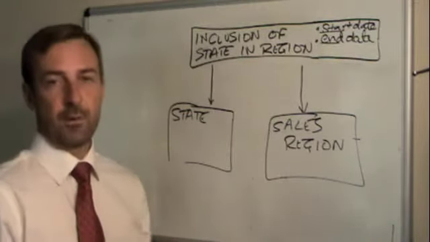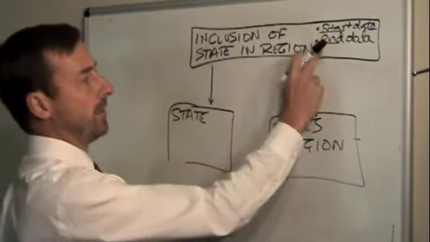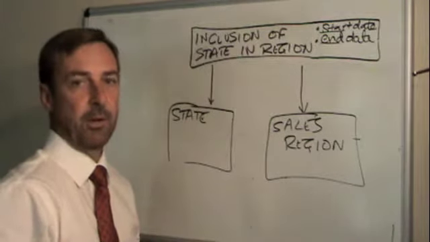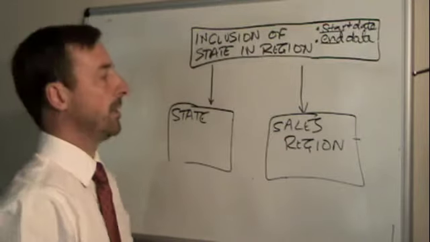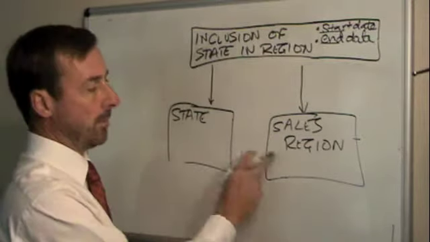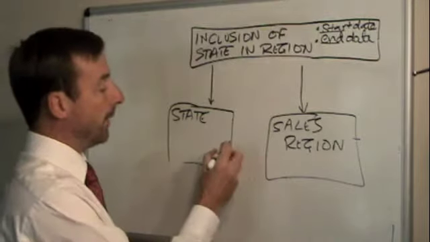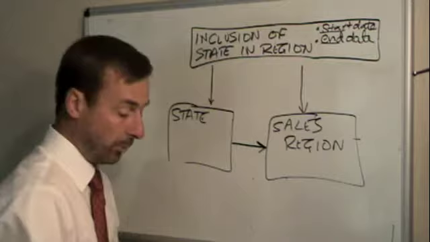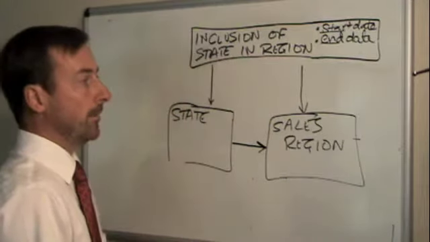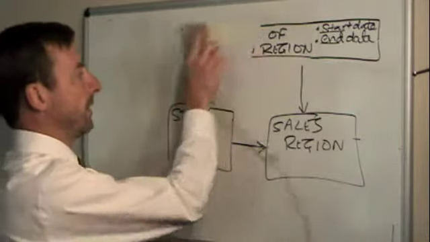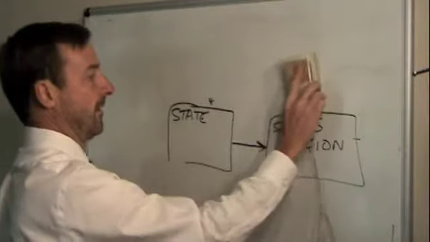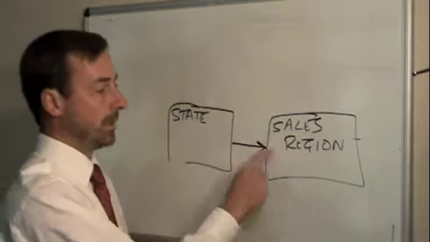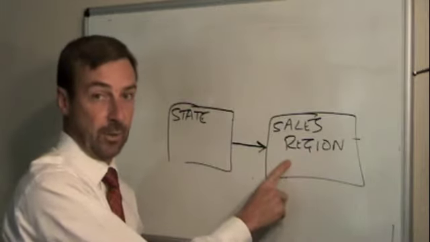In a very simple way, if this intersection entity only exists because of the period of time that it represents, the state being in a region, then it can be replaced with a simple relationship like that. So all of this is replaced with each state must be in one and only one sales region.